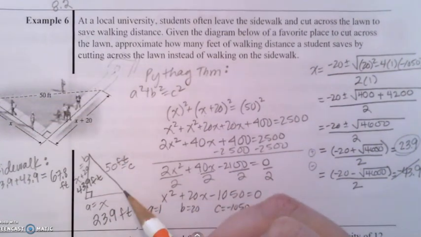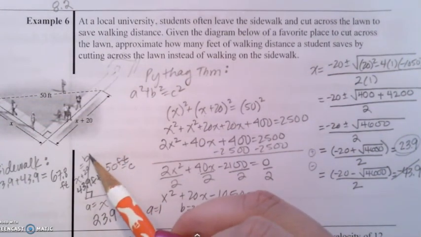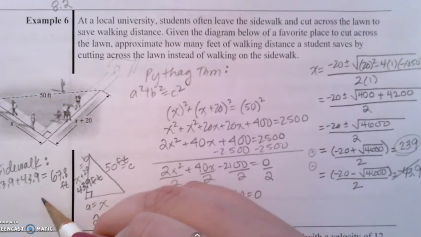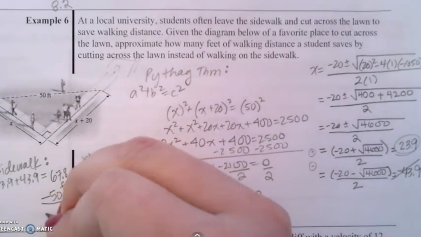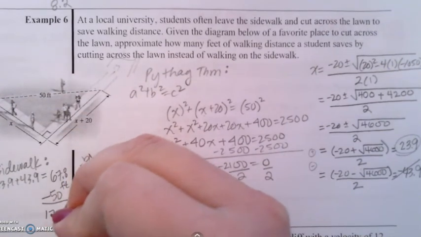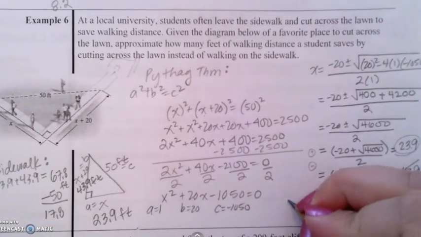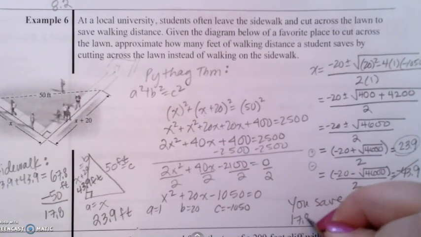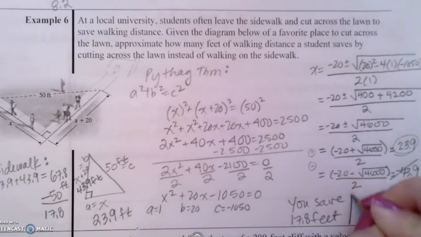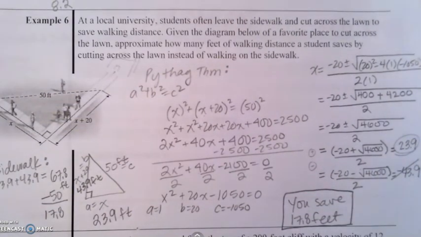Whereas if you cut across the diagonal, it's 50 feet. So how much did she save? Well, 67.8 minus 50 is 17.8. So you save 17.8 feet by cutting across the lawn instead of walking on the sidewalk.